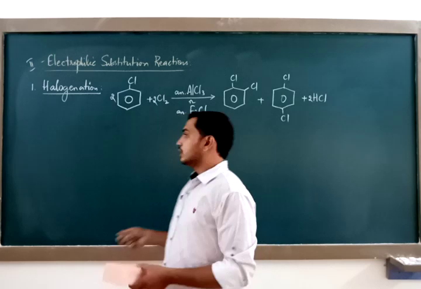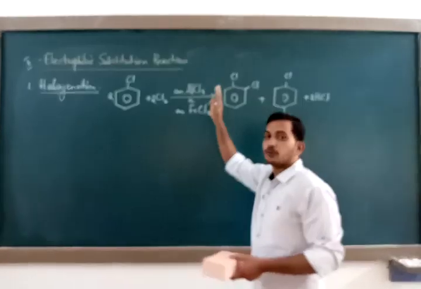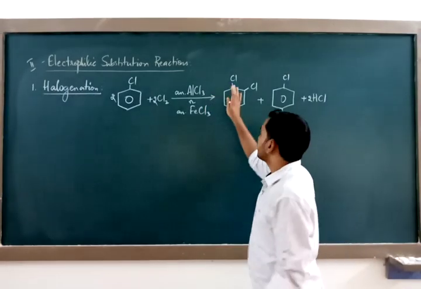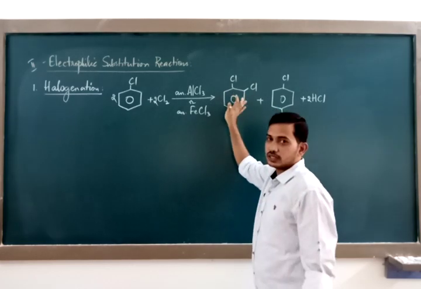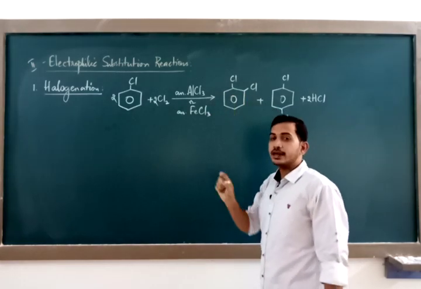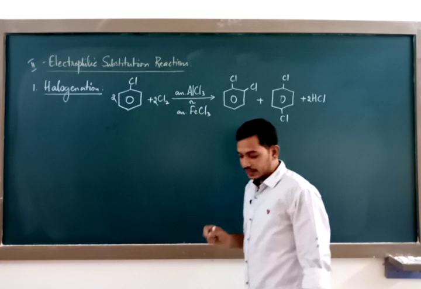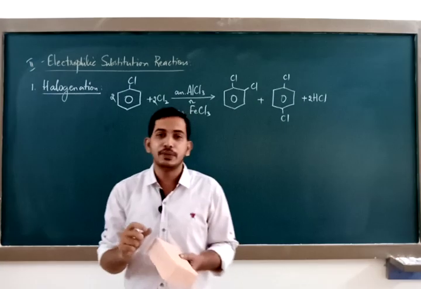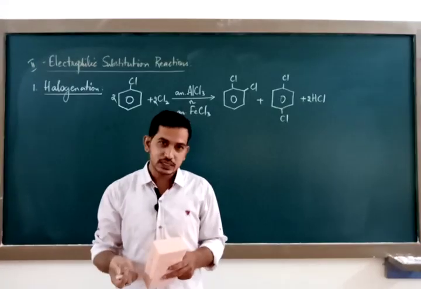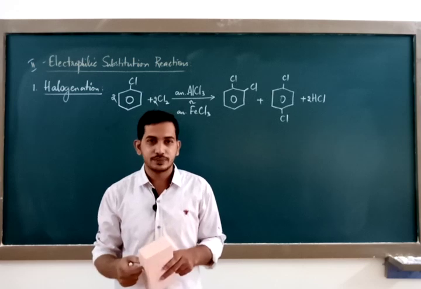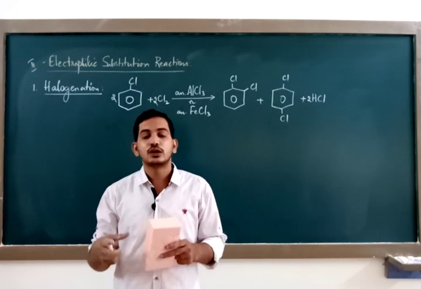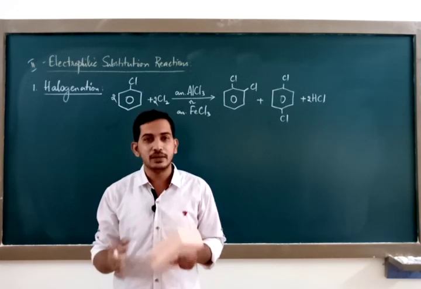Always remember, if 2 groups, whether same or dissimilar, are present very nearby to each other, adjacent to each other, the lesser the gap between the 2 groups, the more the repulsions between them would be. When repulsions are more, stability will be less. Stability less means the quantity of yield obtained will be less.